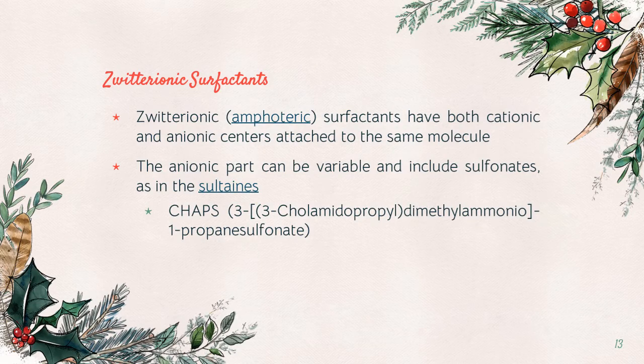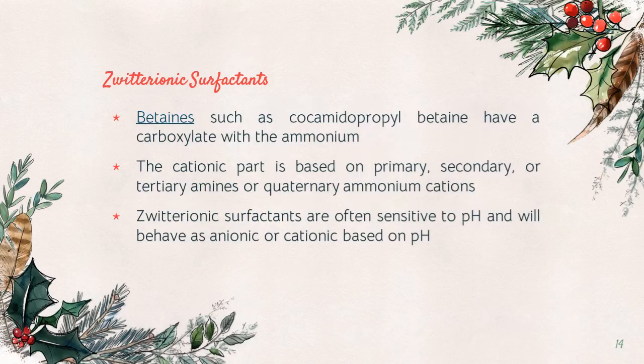And here comes the last one, zwitterionic surfactants. Zwitterionic surfactants, also referred to as amphoteric surfactants, have both cationic and anionic centers attached to the same molecule. The anionic part can be variable, and it includes sulfonates. The example I have given here is CHAPS, which is abbreviated from cholamidopropyl dimethylammonio propane sulfonate.